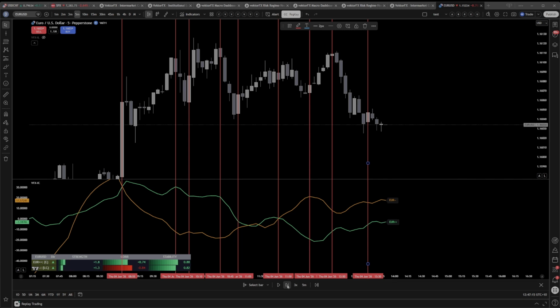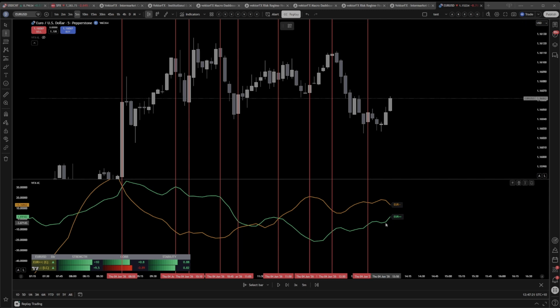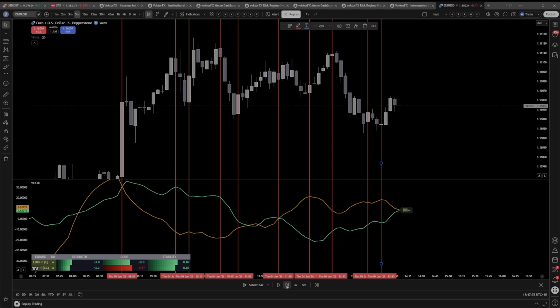Now we'll go bar by bar. What's happening? All right, we'll stop it there. If you look at what's happening here, the US dollar is getting weaker. The euro is getting stronger. As a result, EURUSD climbs. All right, it's starting to weaken out relative to each other.